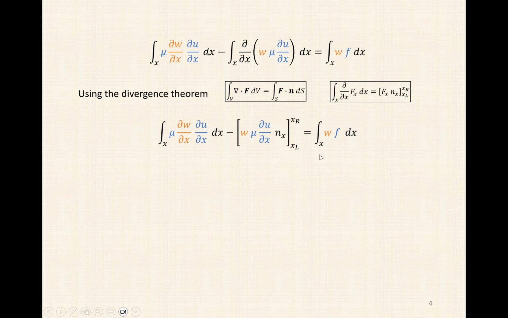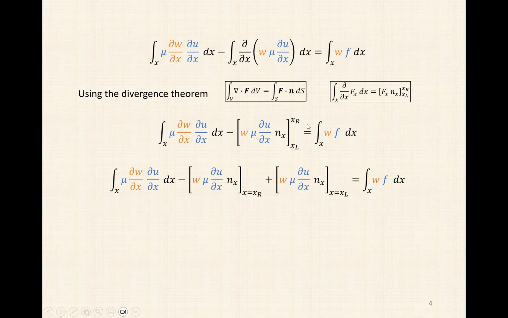The other terms remain. Now let's apply these limits. First we apply the upper limit, so we have minus, and then the lower limit, which gives another minus, so minus minus plus. So we have split this second term into two, upper and lower limits.